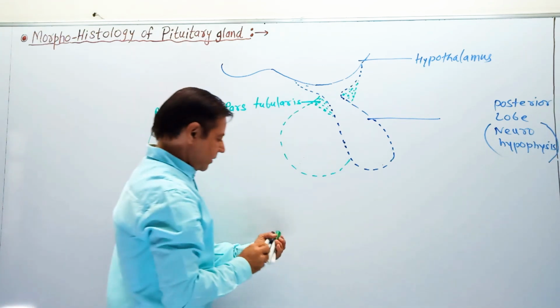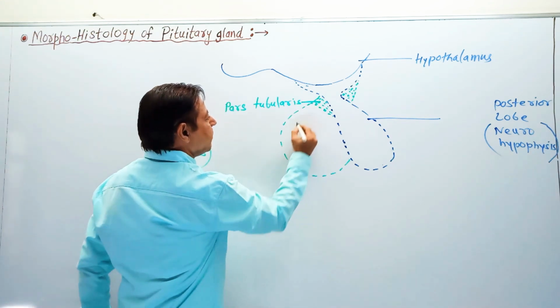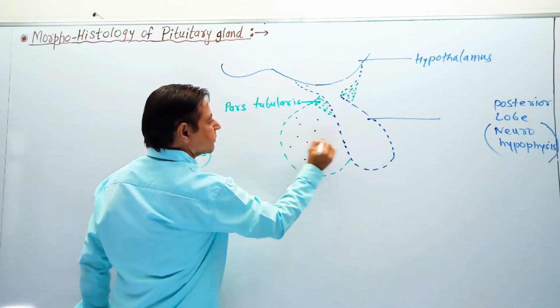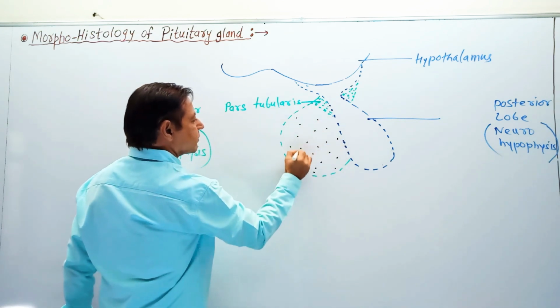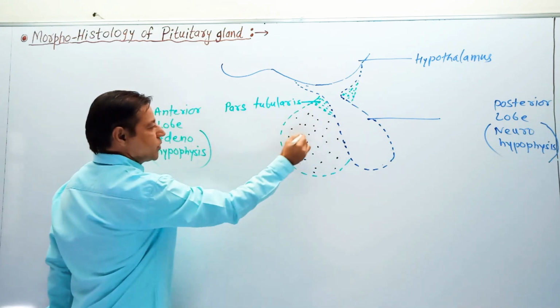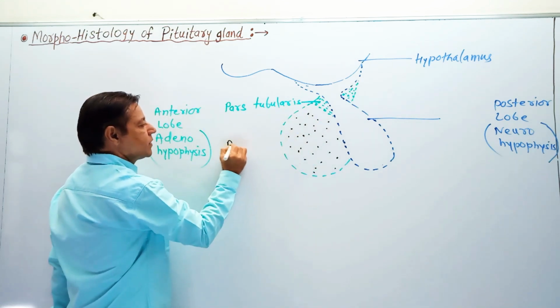Then the middle portion, big portion, this dotted portion is pars distalis.